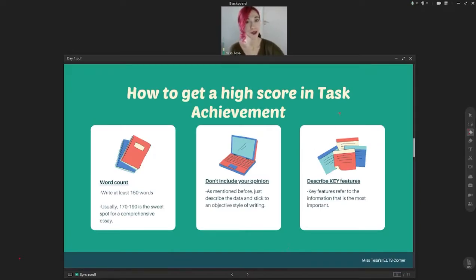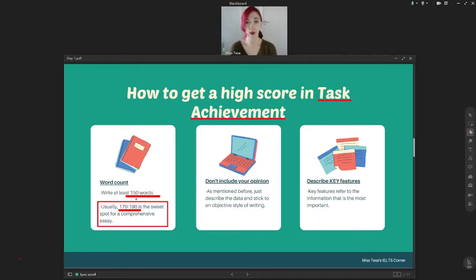Now let's talk about task achievement. How are we supposed to get a high score in task achievement? Like I mentioned before, write at least 150 words, but I suggest sticking to 170 to 190 words. That's usually the sweet spot.